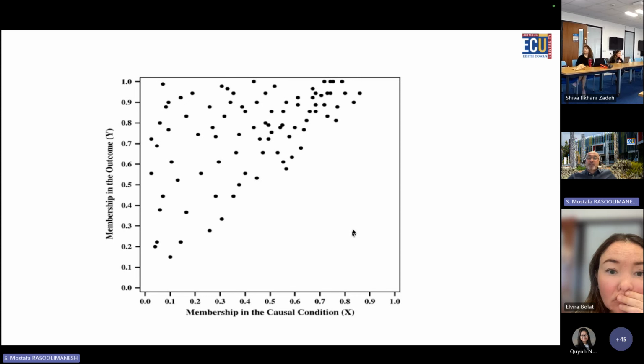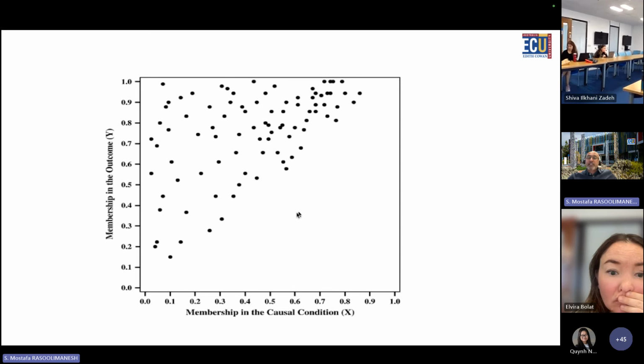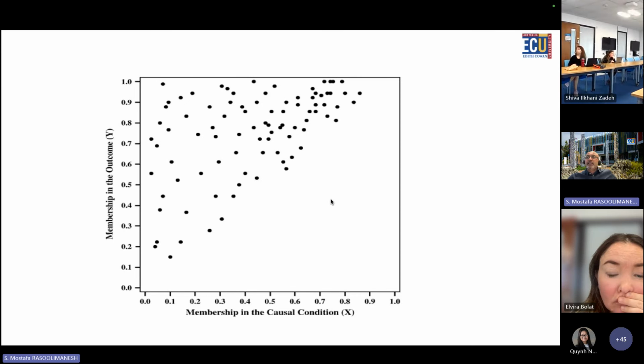But if we have some cases on this side, this will reduce the value of consistency, and consistency will be lower than 1. This is another way to calculate the consistency and coverage for a specific condition and configuration.